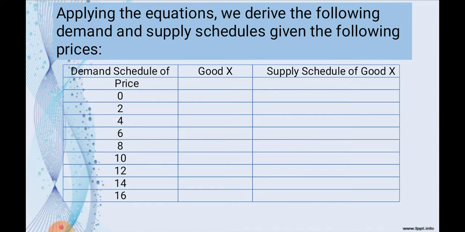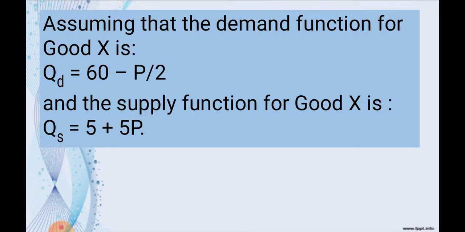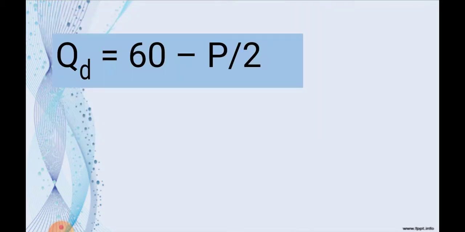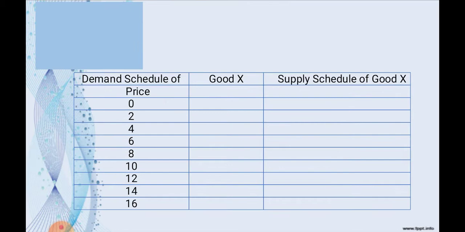We are going to determine the demand and supply schedule of the good. First, we use Q sub D equal to 60 minus P over 2.